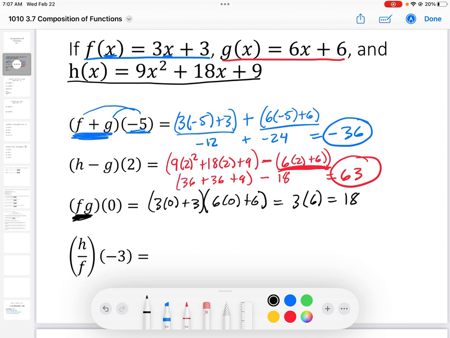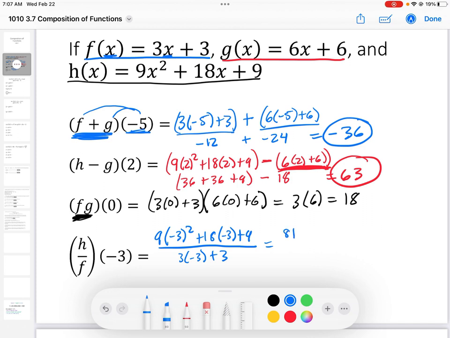And then if we do this last one, and we do h of negative 3 divided by f of negative 3, we would get 9 times negative 3 squared plus 18 times negative 3 plus 9, all divided by f of negative 3, which is 3 times negative 3 plus 3. And when I simplify that, negative 3 squared is 9, and 9 times 9 is 81.